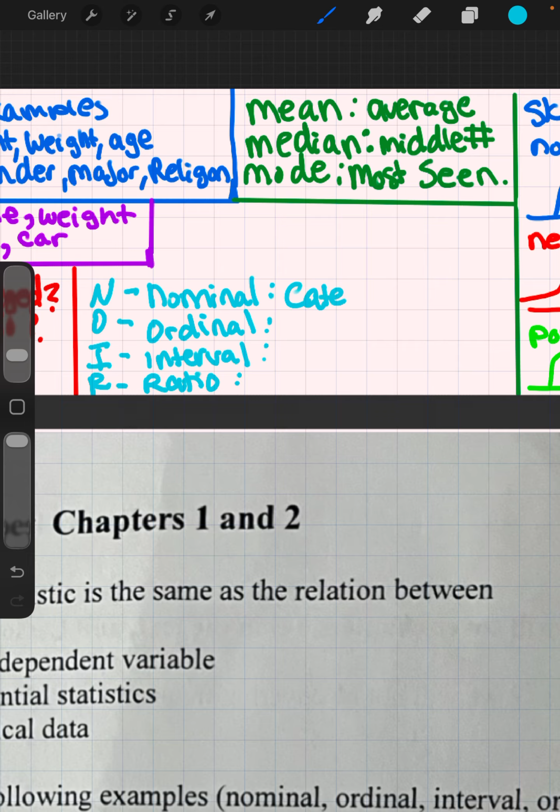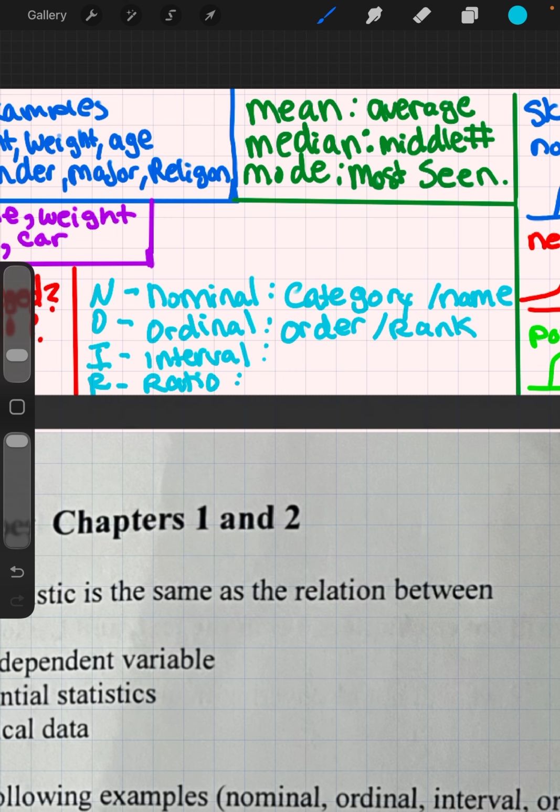Nominal is a category name. Ordinal is an order or rank.